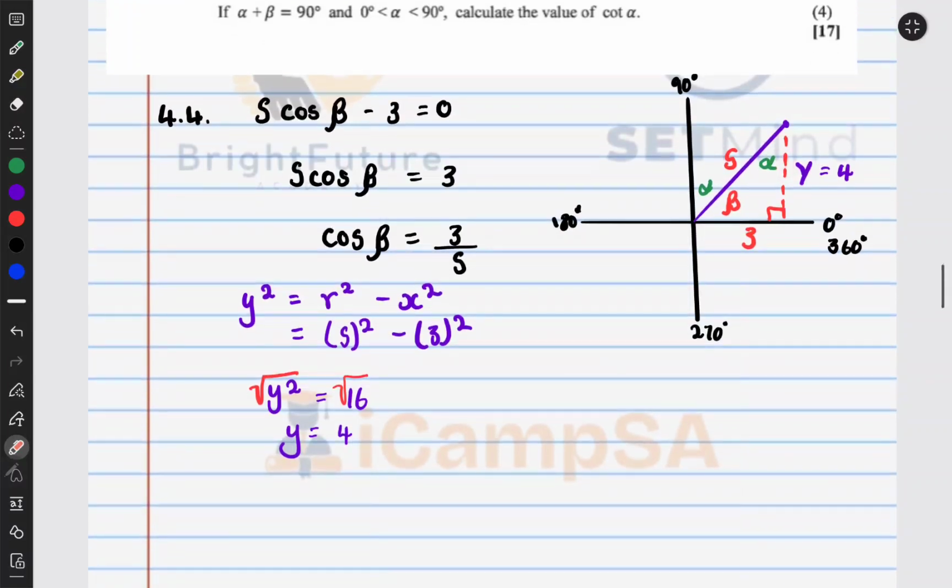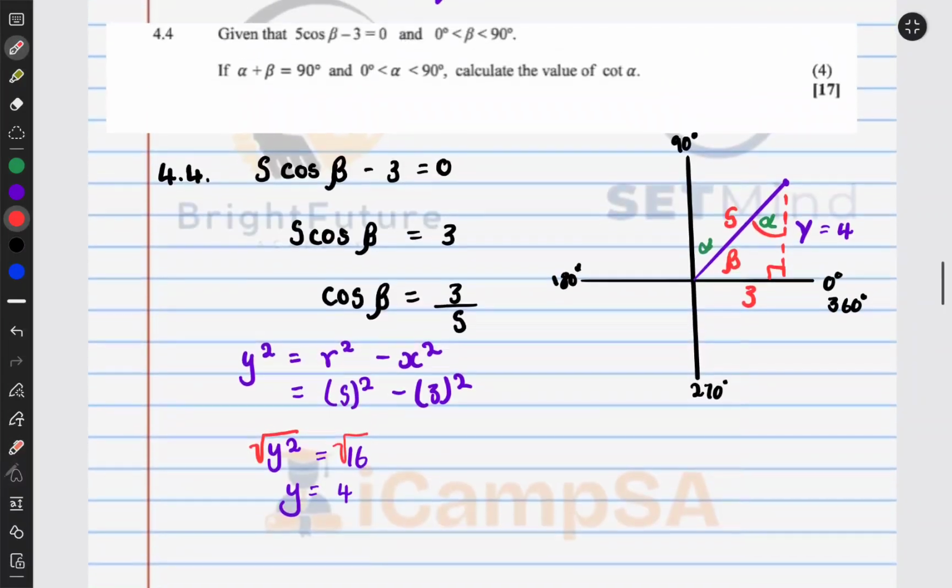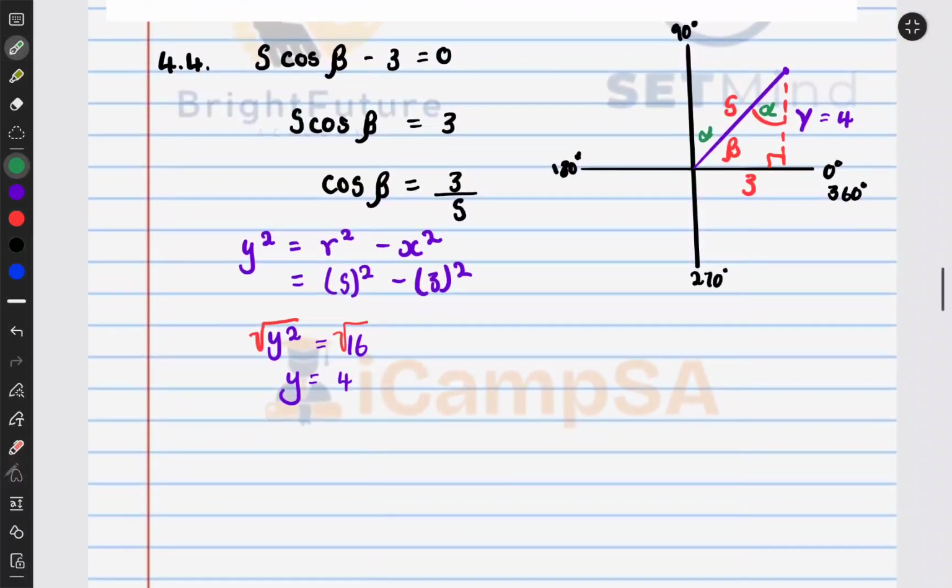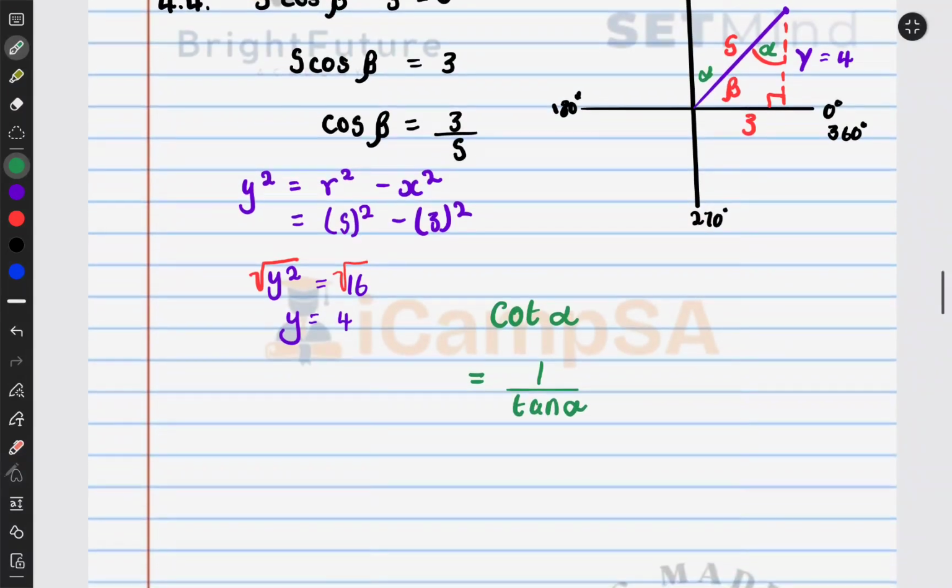So let's just focus on this triangle here. We have to determine the value of cot alpha. What is cot alpha? Remember, cot is the reciprocal of tan. So cot alpha is equal to 1 over tan alpha. What is the ratio of tan? It is opposite over adjacent.